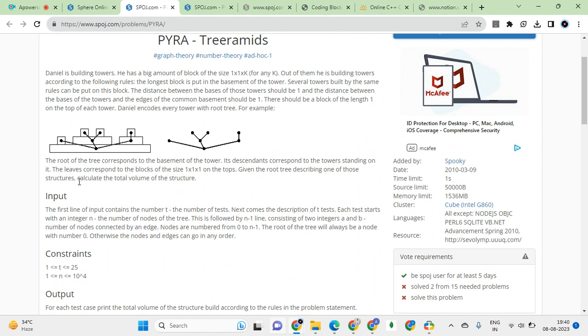Okay, so you start with the leaf nodes. How many? You start with this leaf node, 1. Basically, these two leaf nodes, 2. This leaf node 2. 2 plus 1 plus 1 plus 1.